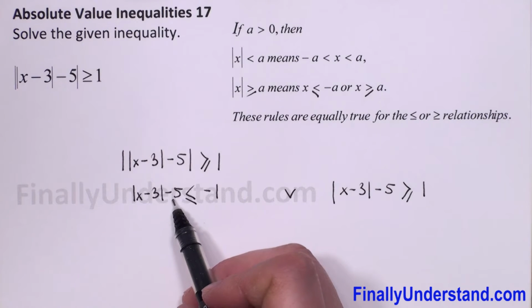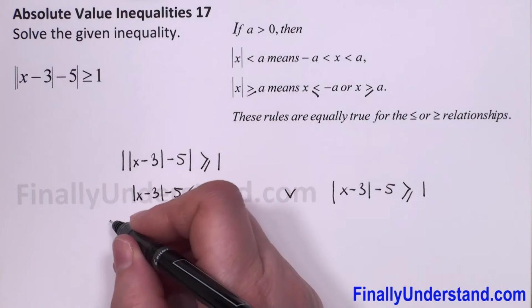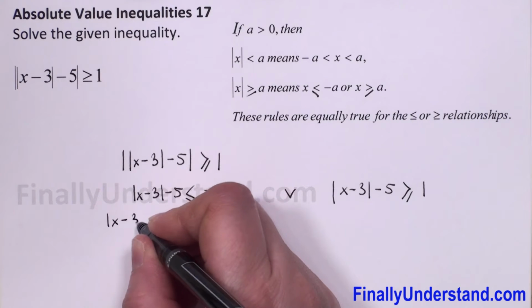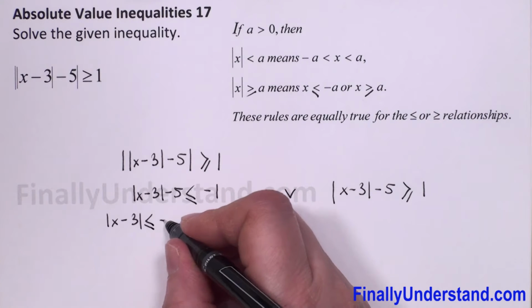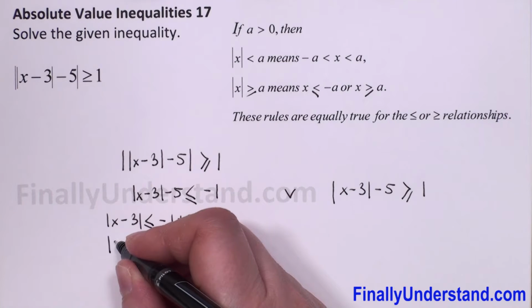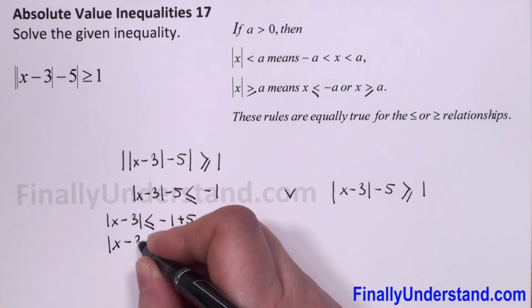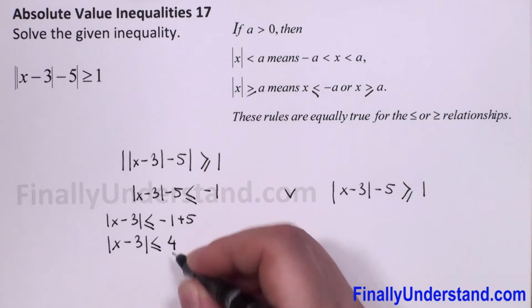Now I will move this negative 5 to the right side, so it will be the absolute value of x minus 3 is less than or equal to negative 1 plus 5. So we have the absolute value of x minus 3 is less than or equal to 4.